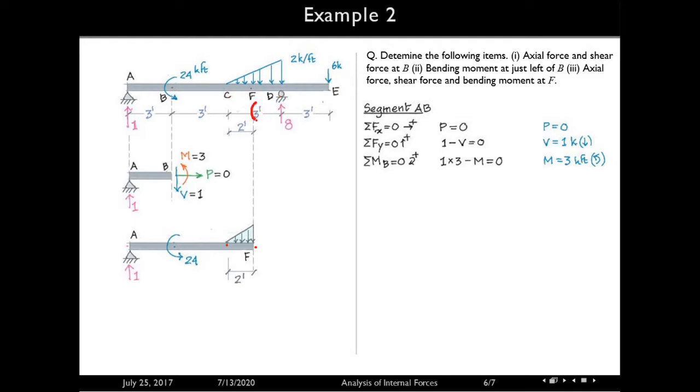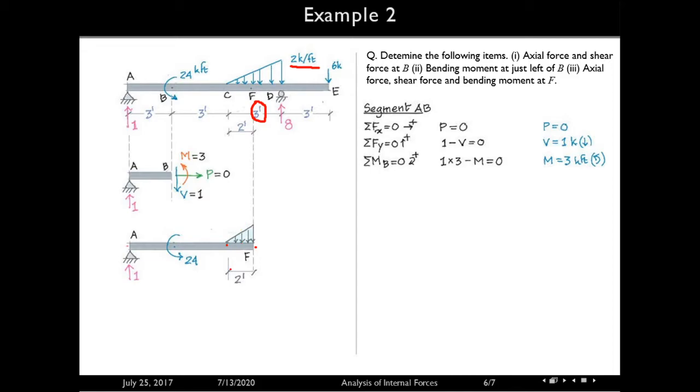When the base was 3 feet, the load acting, or we can consider it as height, as the loading pattern is just like a triangular section, was 2 kip per feet.